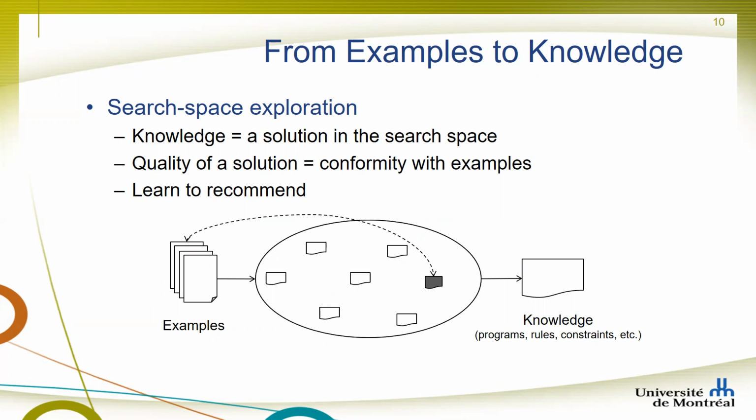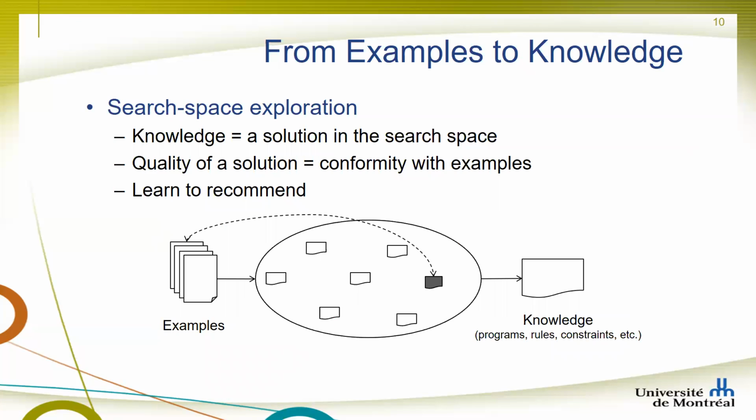Now, how to move from examples to knowledge with the objective of automation. So the knowledge is a solution in the search space. So we are searching for a solution inside a space of possibilities. And the quality of a solution in that space is measured by the conformity with the examples.